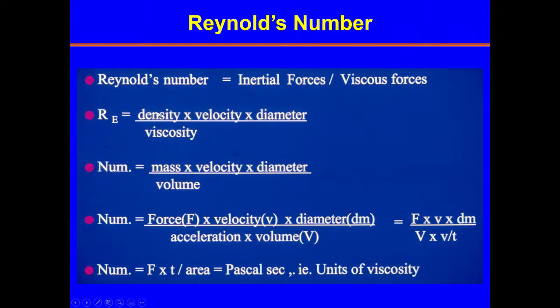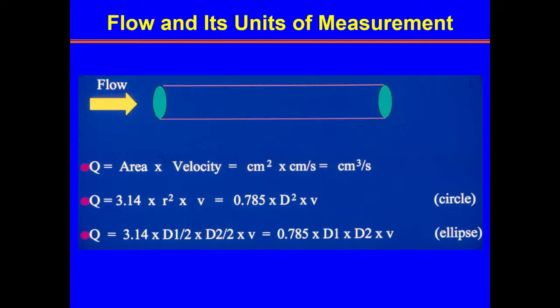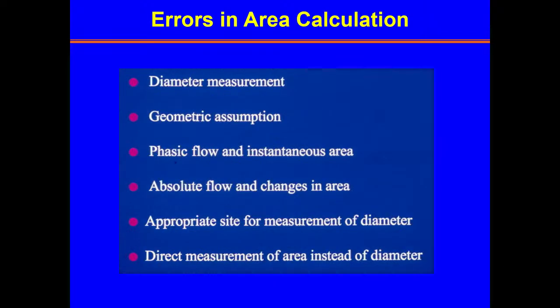Then you remove density and put in its place mass over volume, and you still have the velocity and diameter. You can change that numerator one more time and remove mass and put in its place force over acceleration. When you reduce this, you will end up with Pascal second units. And then you have in the denominator also the units of viscosity, which is Pascal second, and that's why this is dimensionless.